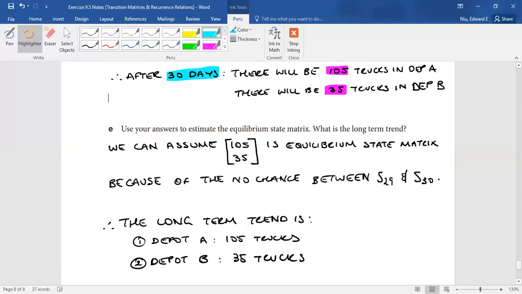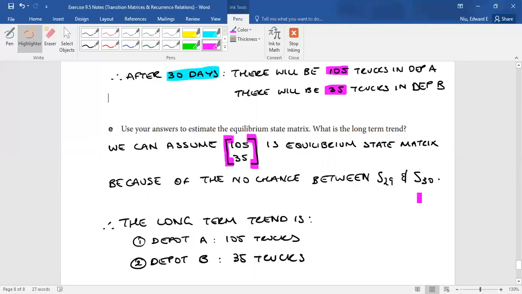So part E says, use your answer to determine the equilibrium state matrix. In other words, what is the equilibrium state matrix based on what we found above? Well, what we found above was days 29 and 30 had the exact same answer of 105 and 35. So we can assume this is going to be our equilibrium state matrix because of the lack of change between 29 and 30.